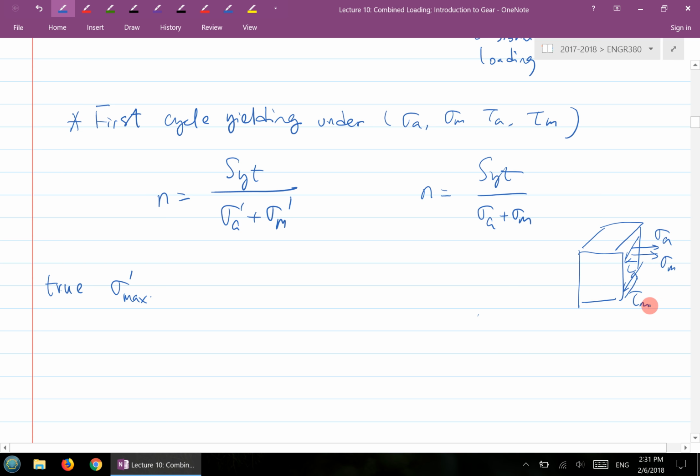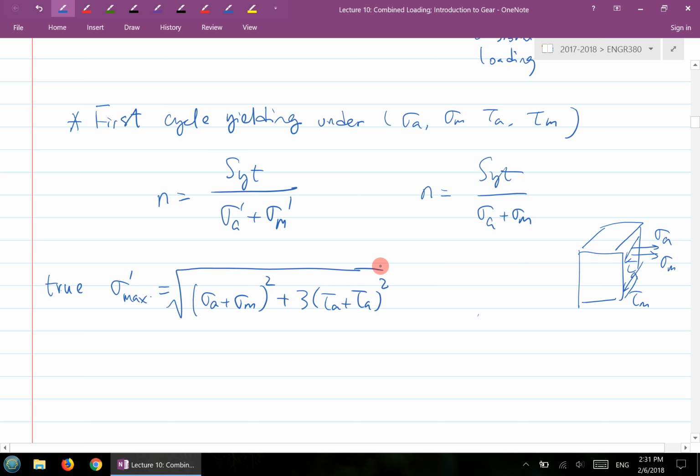So you put everything into this stress element, right? So you have a sigma A, sigma M, tau A, tau M on the stress element. Okay. Then using the von Mises formula, the true max is actually sigma A plus sigma M squared, plus 3 times tau A plus tau M squared.